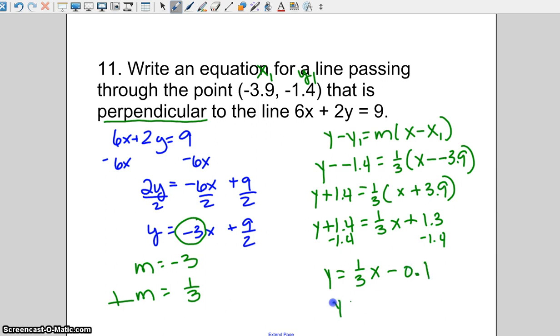And just to be in good form, I'm going to change that 0.1 to a 1/10. That way everything is in fractions. And so this line is perpendicular to 6x plus 2y equals 9, and it goes through the point negative 3.9, negative 1.4.